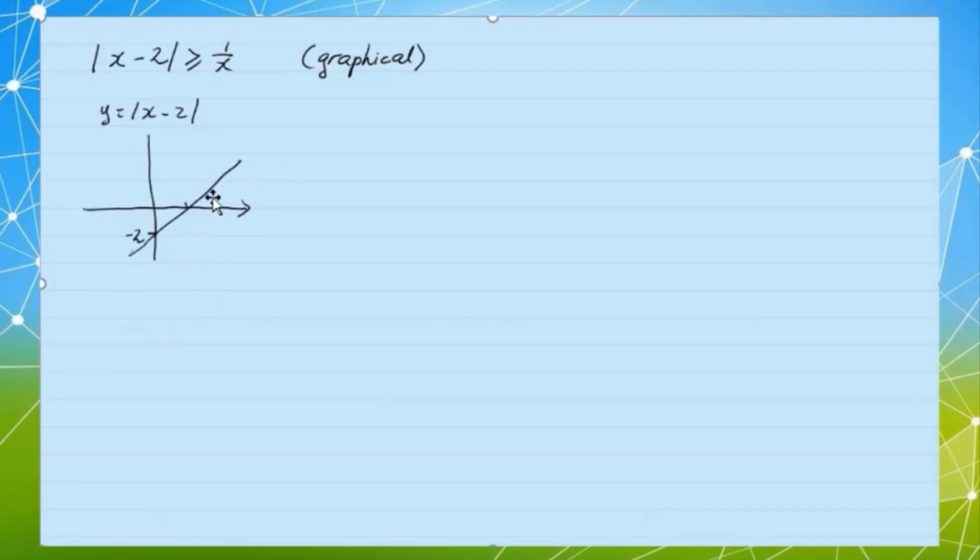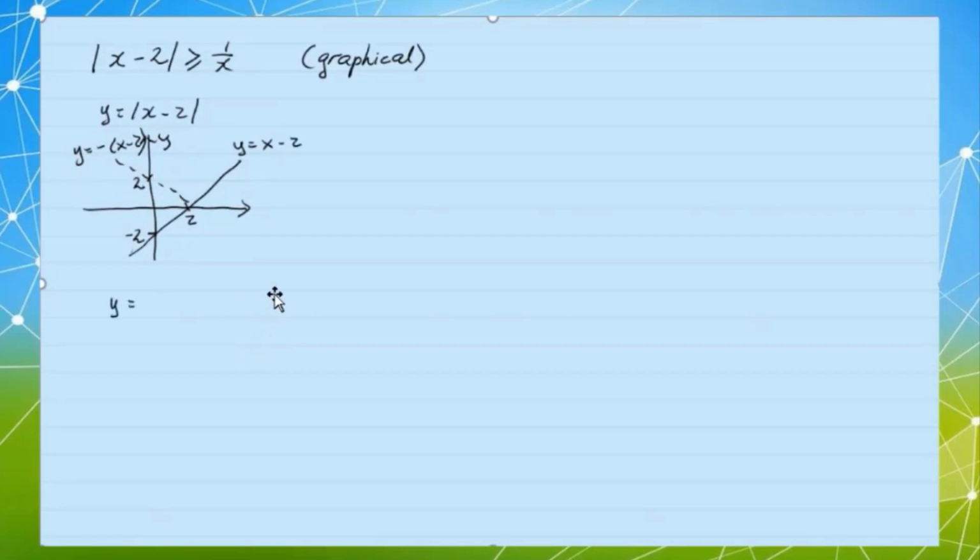This is a straight line going up. So this is y equals x minus 2. Now in order to get the modulus, we need to reflect the part of the graph which is below the x-axis going up. So this part of the graph we label as negative x minus 2.